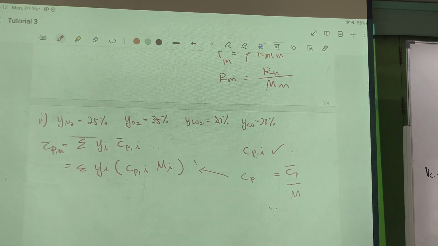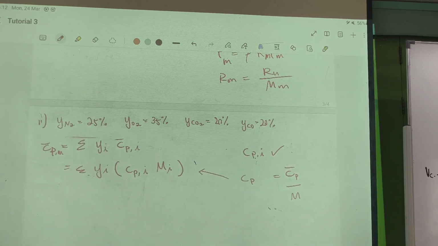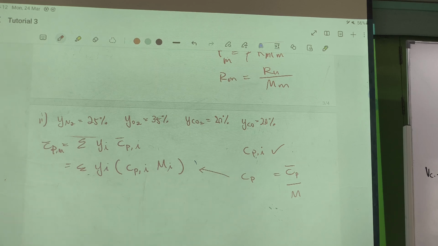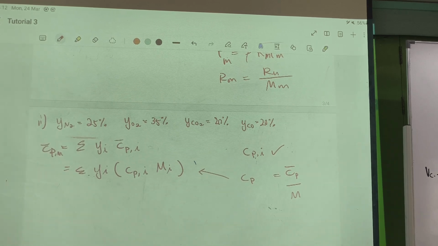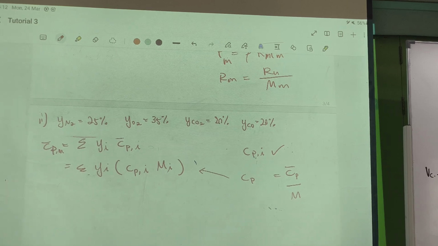Okay, so then, wait, I wrote something between here and there.